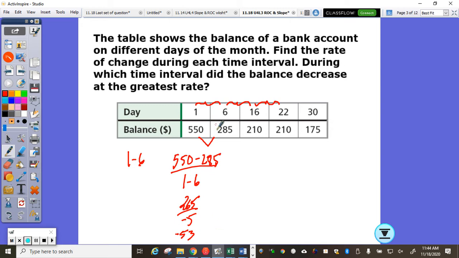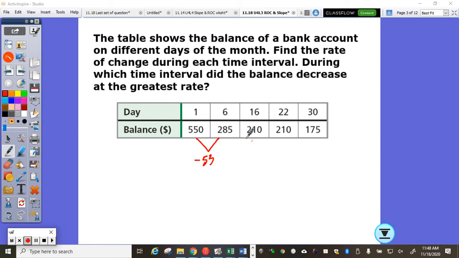All right, so I want you guys to find the rate of change for this interval, for this interval, and for this interval. From day 6 to 16, what's the decrease? Negative 7.5. All right, what's the decrease from 16 to 22?